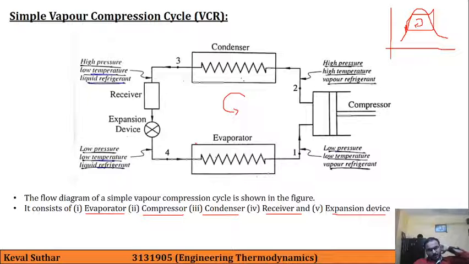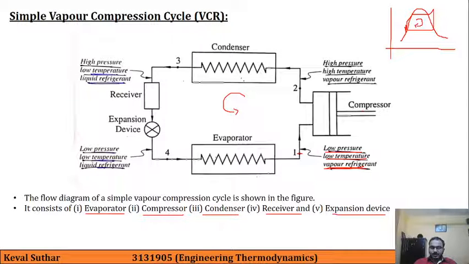First of all, let's focus here that initially we will begin with point number 1. Here we have low pressure, low temperature vapor refrigerant. So this is in vapor form, at low pressure and low temperature, and refrigerant is the working fluid in the VCR system.